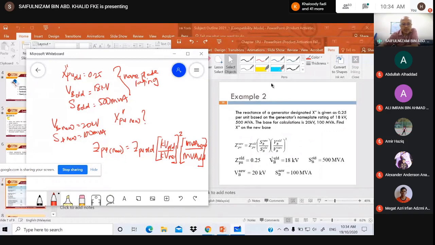Here, substitute the values. What do you get? Z per unit old, j 0.25, times kV old, 18 kV, over kV new, 20 kV, squared, times MVA new, 100 MVA, divided by MVA old, 500 MVA.